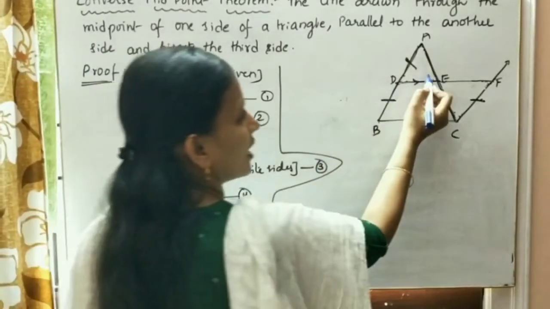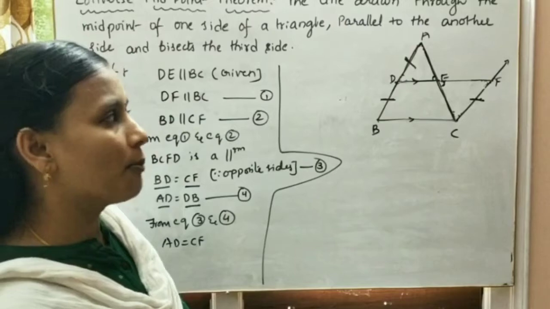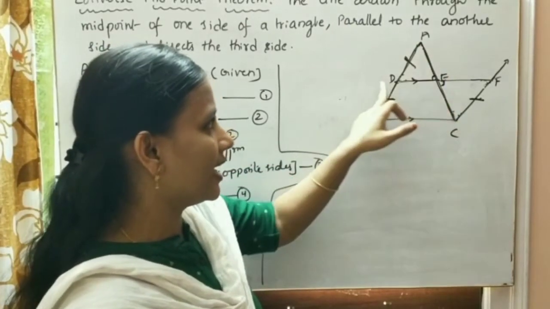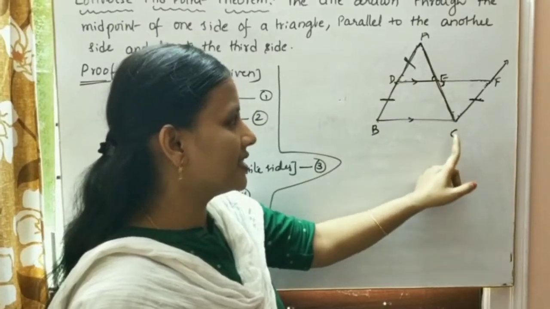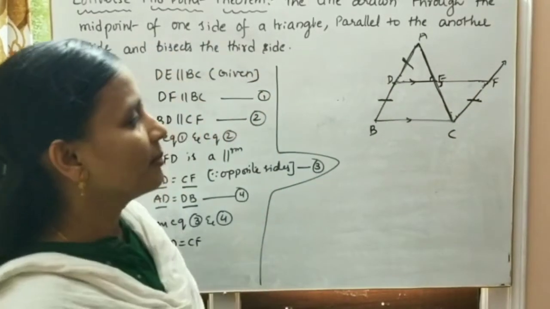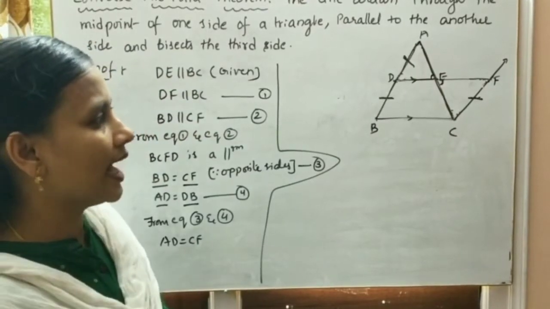Now these two angles are vertically opposite angles in triangle AED and triangle CEF. Angle AED is equal to angle CEF because they are vertically opposite angles.